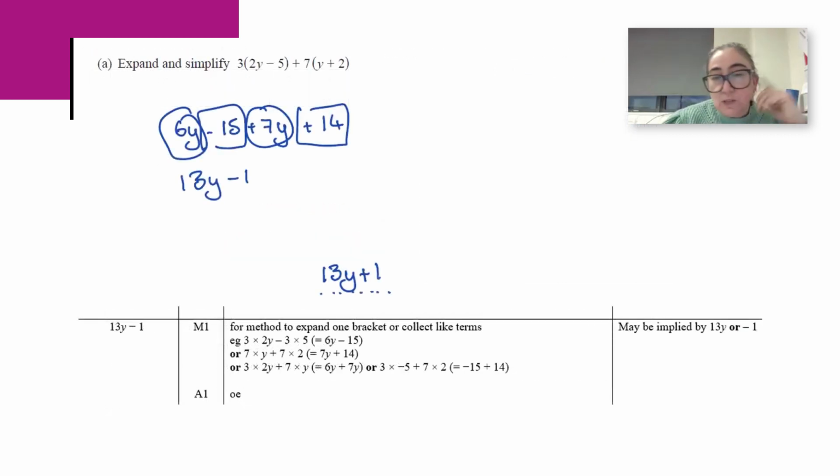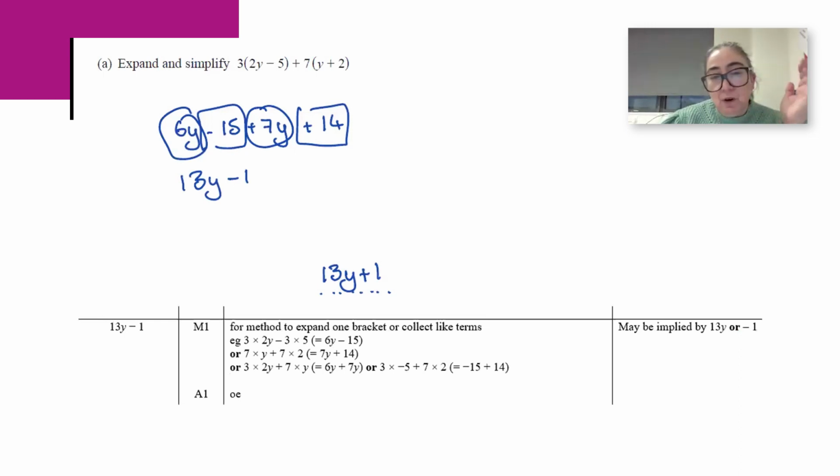And this will pick up on somebody else's question about incorrectly copying things down. You look at that, and when do we not ISW? This is a big one as well. We can see there in their working, they have clearly got 13y minus 1, which is the correct answer.